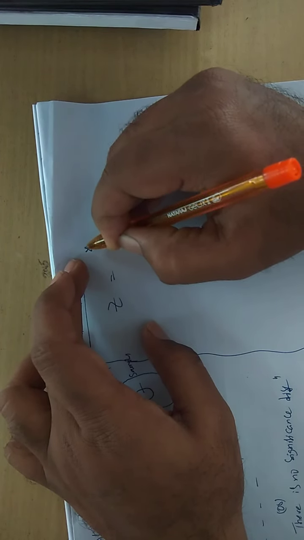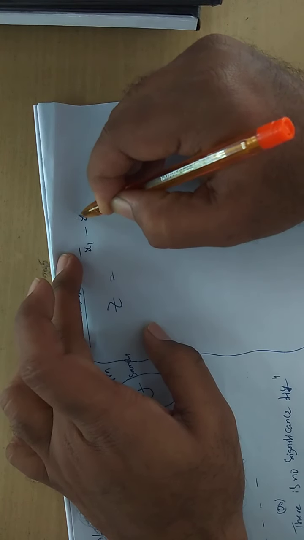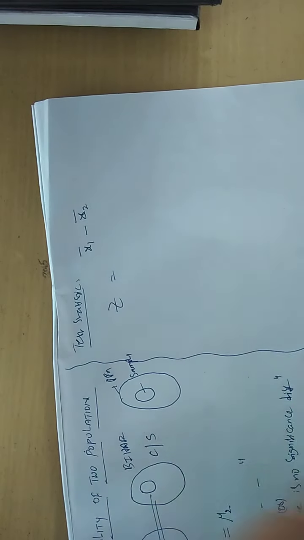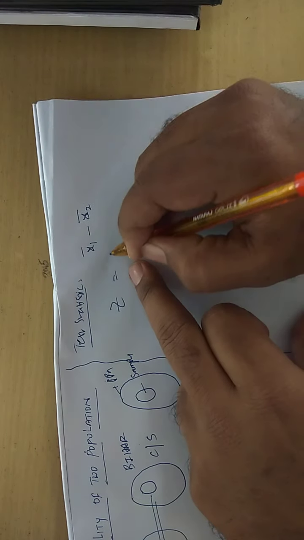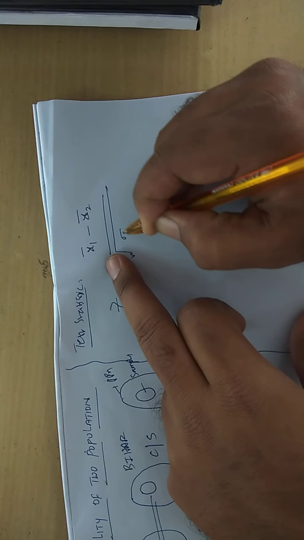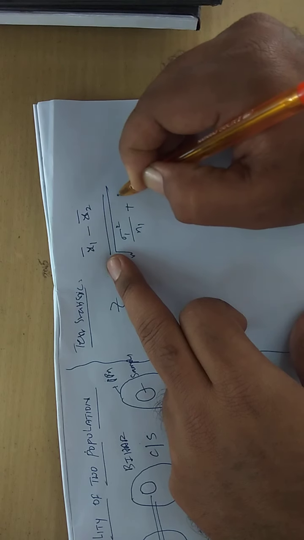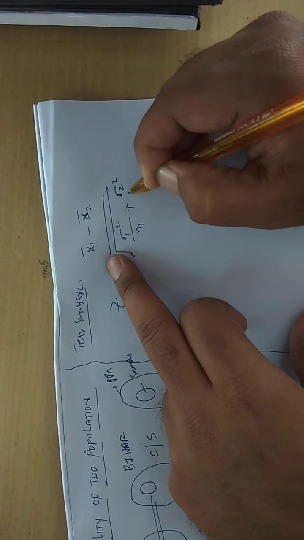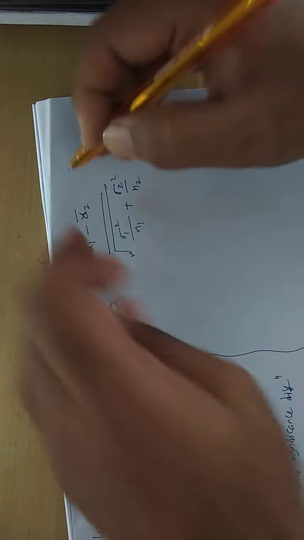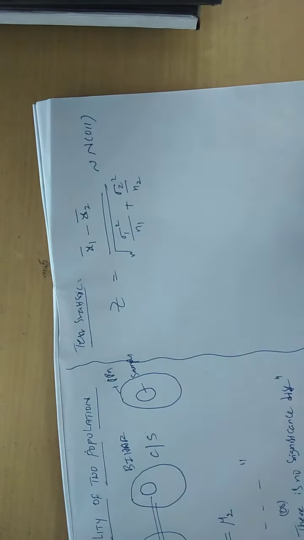Hence the test statistic numerator becomes the difference of the sample information x1 bar minus x2 bar, divided by the square root of sigma 1 square by n1 plus sigma 2 square by n2, which follows N(0,1). Again, the standard normal distribution values we consider.